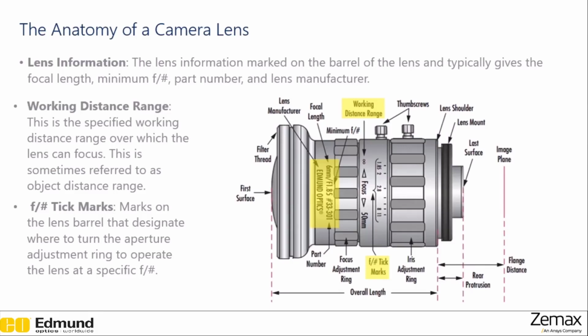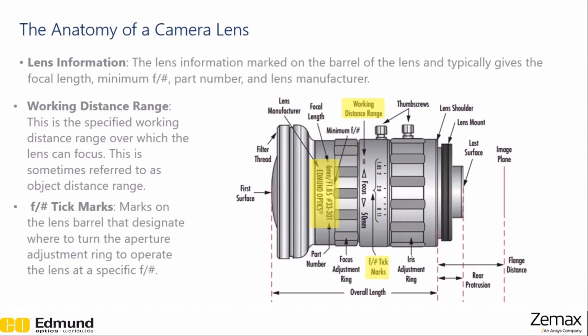This is sometimes referred to as object distance range. If we take a look at this particular lens pictured here, it can go from 50 millimeters to an infinite focal distance. This lens is designed to take pictures of objects very far away, up to as close as 50 millimeters.